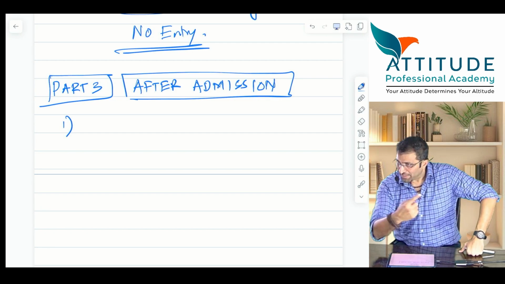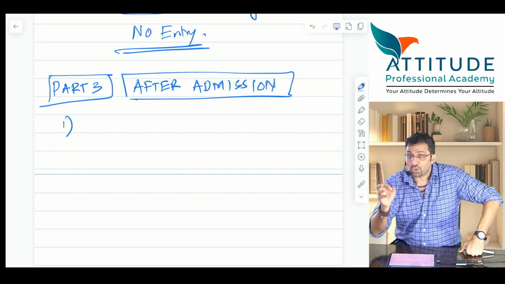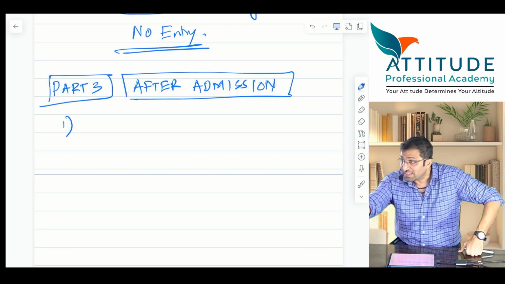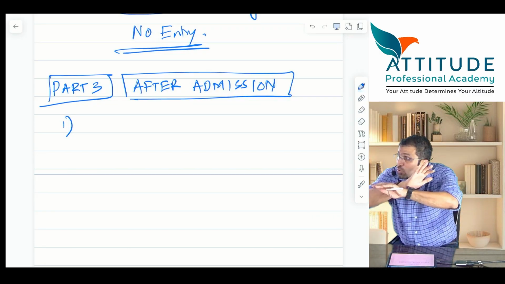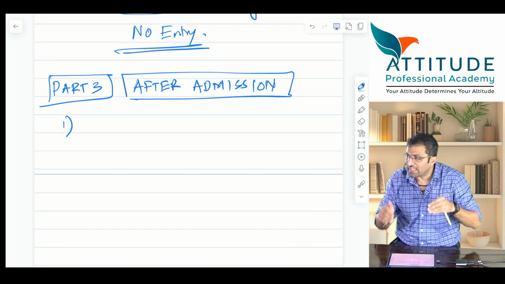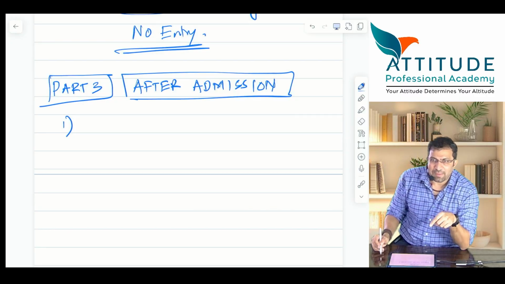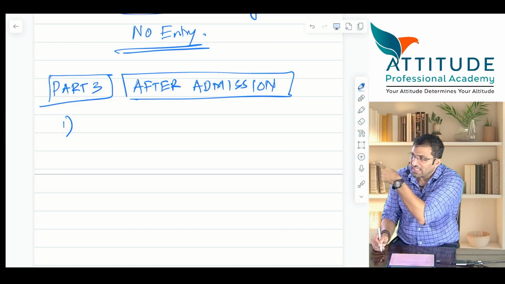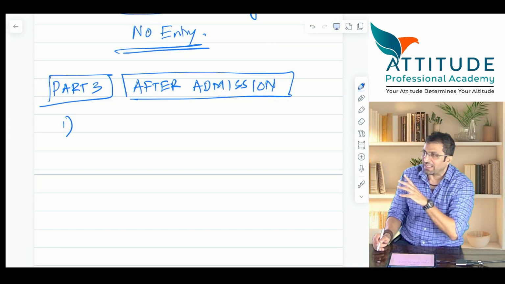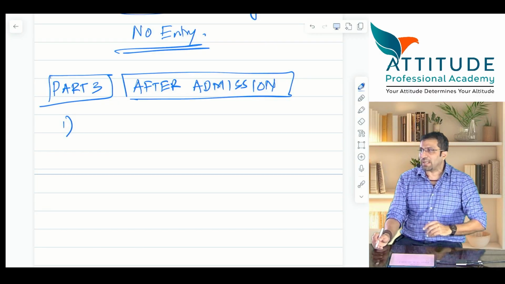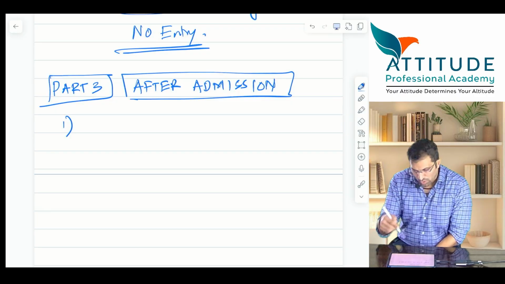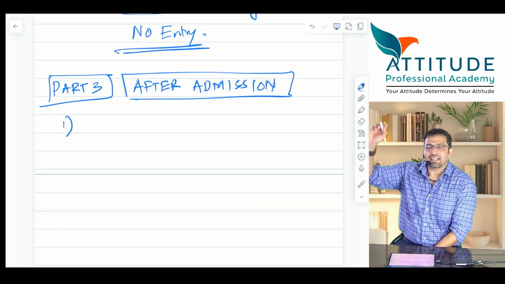Equalization of partners' capital accounts in profit sharing ratio: only if it is given in the sum, then do it; otherwise don't do it, keep it as it is. If this sentence is given, taking C's capital as a base, they want to maintain their capitals, all the partners after admission, in their profit sharing ratio, only then do it, otherwise don't.